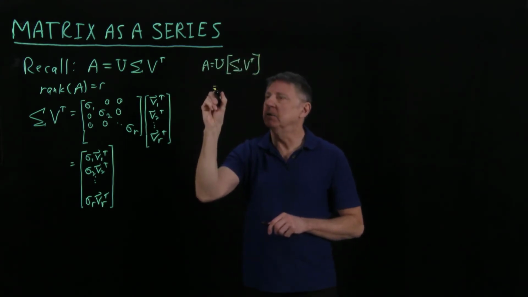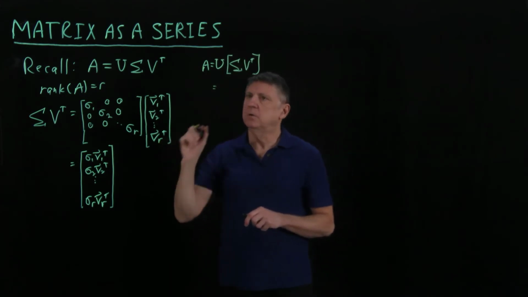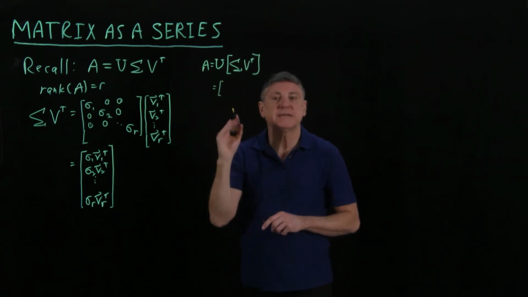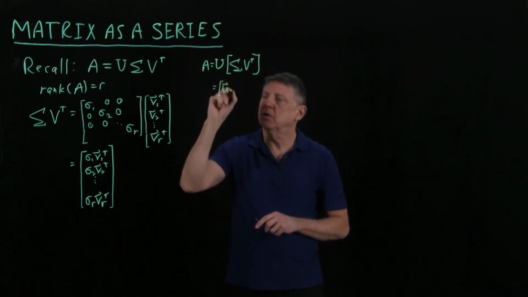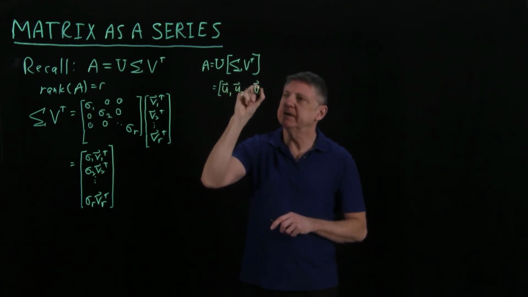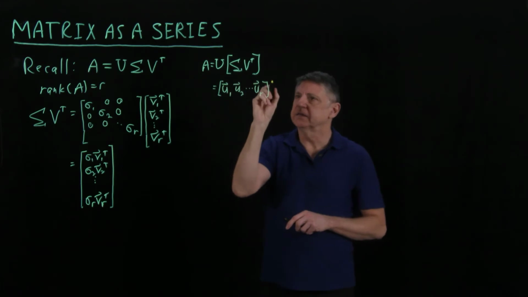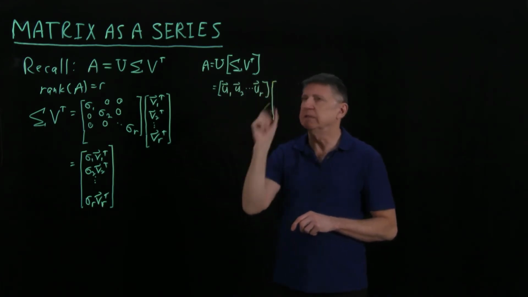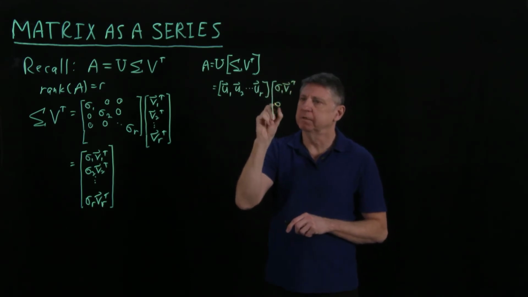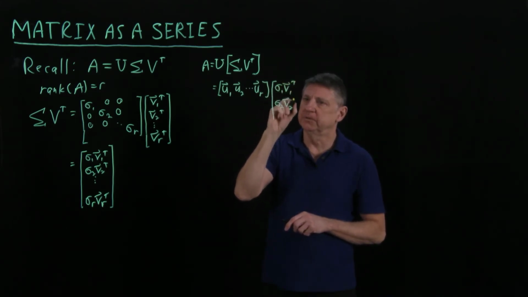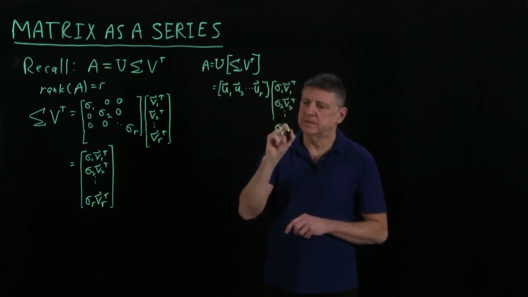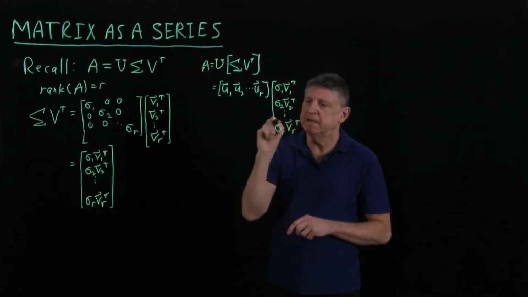The matrix U we represent as columns: U1, U2, and so on until we get to UR, times sigma 1 V1 transpose, sigma 2 V2 transpose, and so on until we've represented all of the relevant entries.